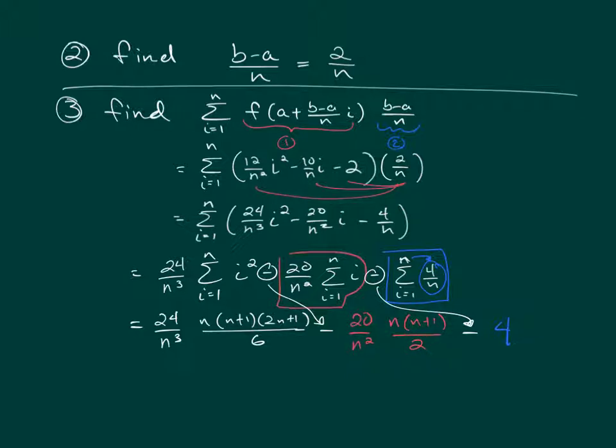So now the last thing I want to do is within each term. I'm going to start with the first term, and I'm going to simplify any constants that I see. I know 24 is here and 6 is here. I can reduce those. 24 over 6 is the same thing as 4.